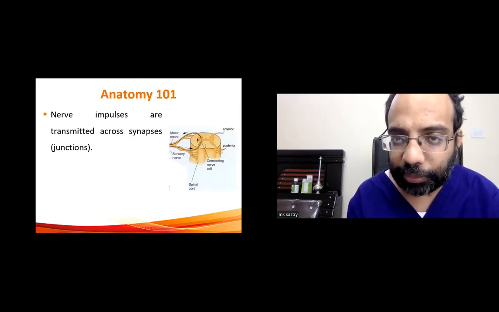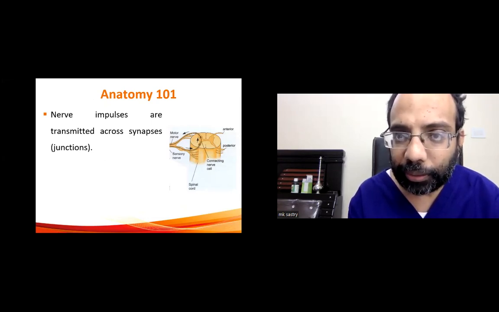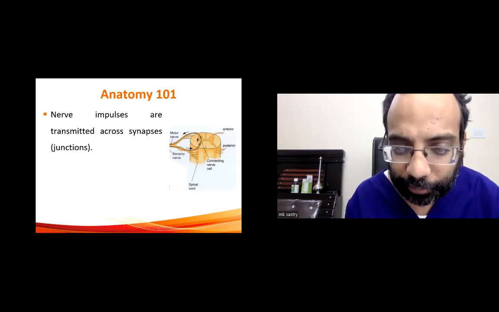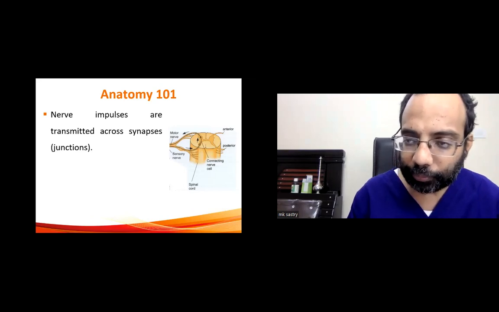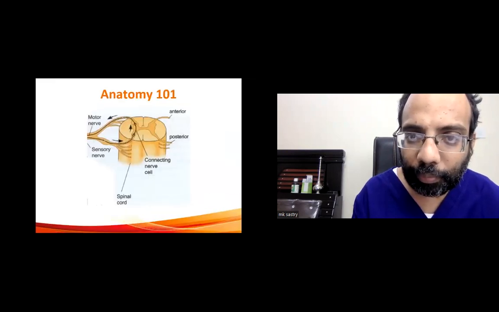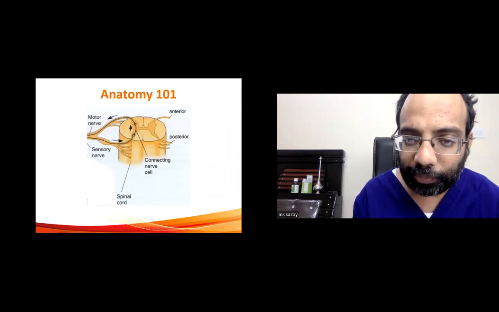So through this process, nerve cells transmit through synapses. This is a motor nerve, this is a sensory nerve, this is a connecting nerve cell. So whenever there is a spinal cord injury, this connecting nerve cell breaks down. This is the spinal cord.